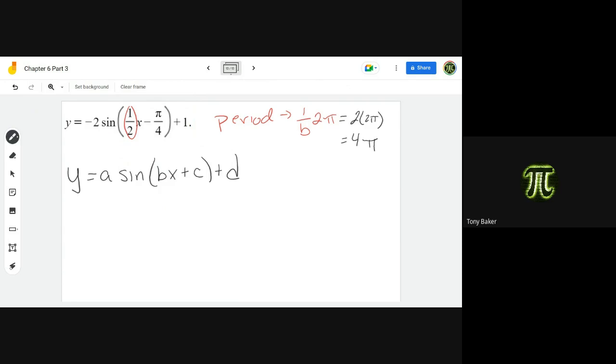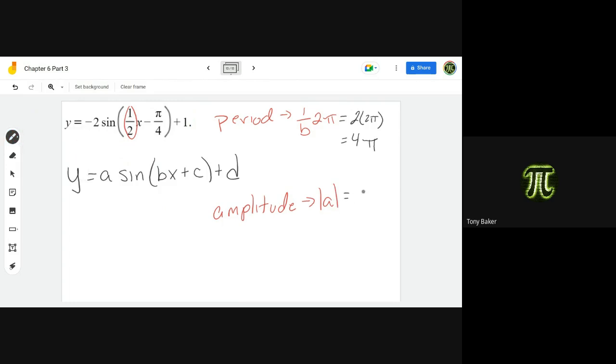All right. Your amplitude is what? It is 2. It's the absolute value of A. It's the number in front.